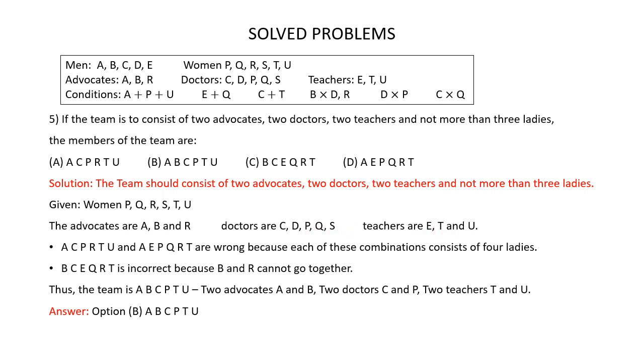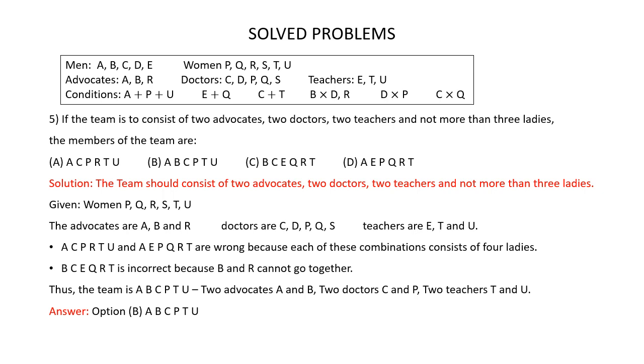Now when you look at the given answer options, you will see that the answer option A, C, P, R, T, U is wrong because this option consists of four ladies P, R, T and U, and we need a team which has not more than three ladies.